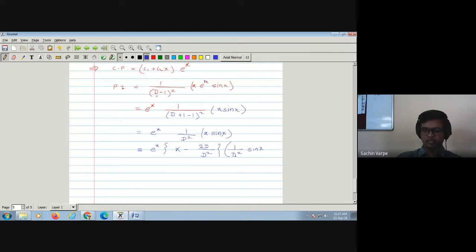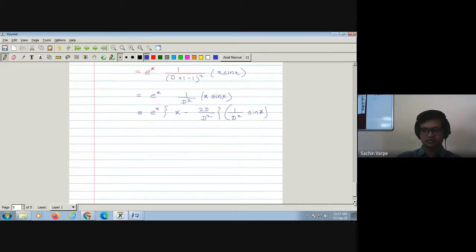And we all know that for sine we replace this d square by minus a square, where a is 1.